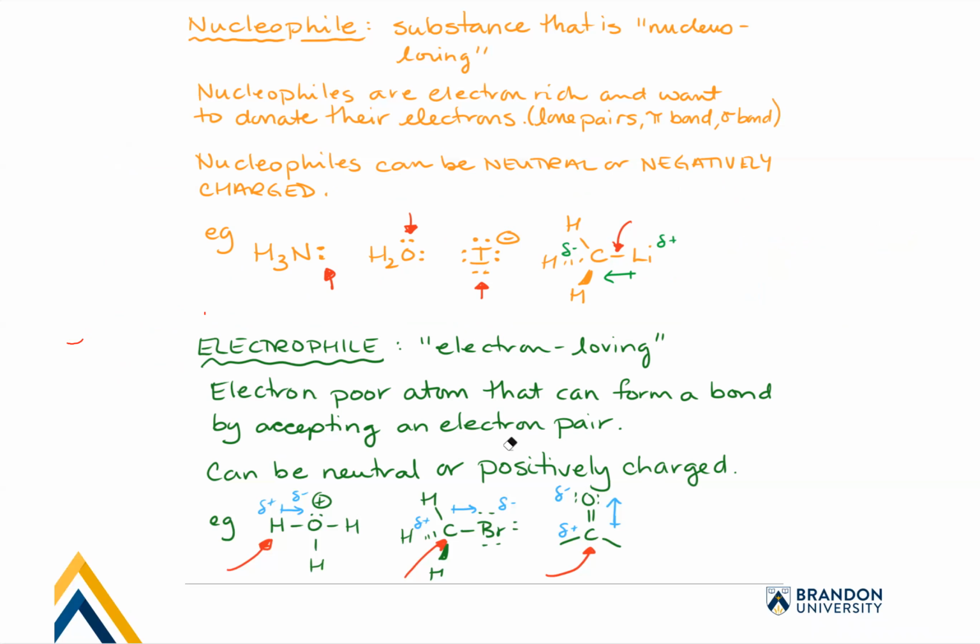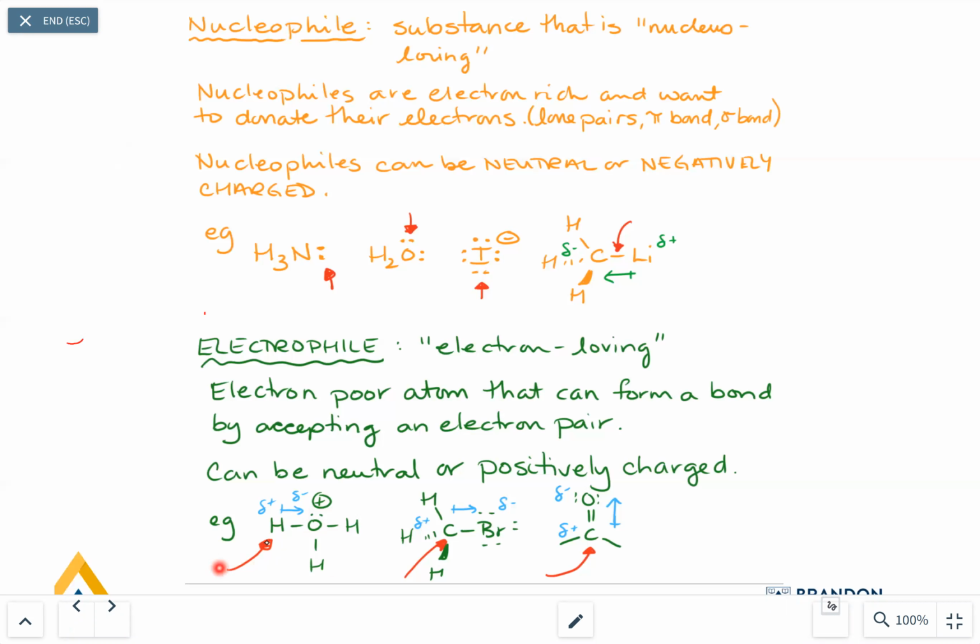There's a variety of different electrophiles we can think of. H3O plus is a good example. Some base or nucleophile attacks this proton, these electrons move over to the oxygen, and you'd be generating water, right? But it's still accepting this electron pair.